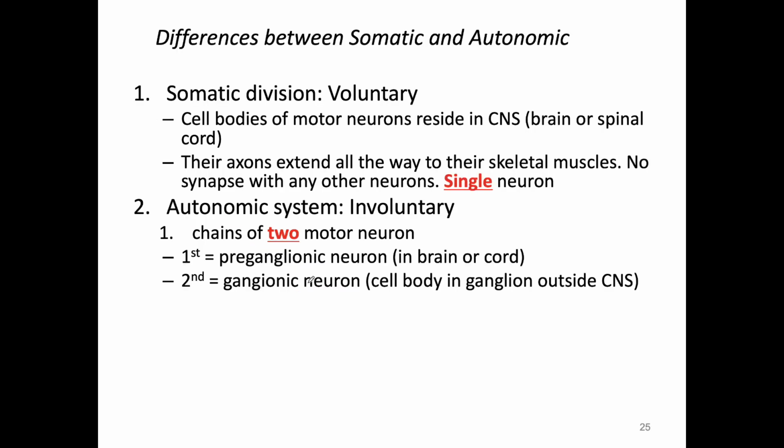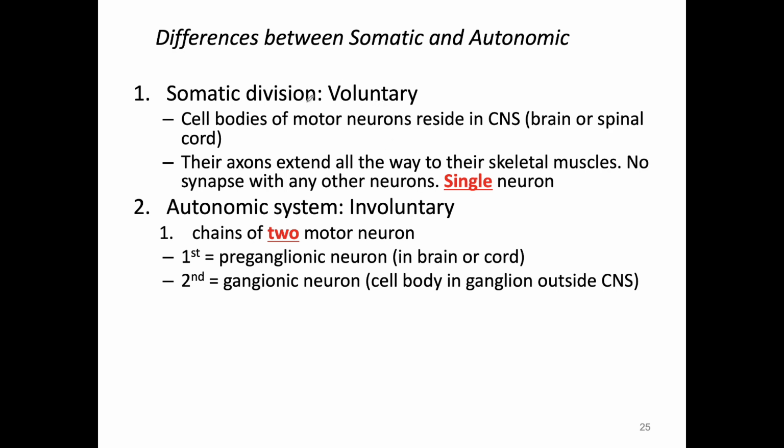So what exactly is the difference between somatic and autonomic? We'll go over this first, and then we'll focus on just autonomic. Not only is somatic voluntary and autonomic involuntary, there is another major difference.